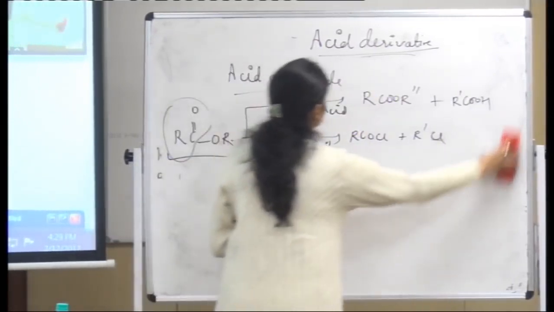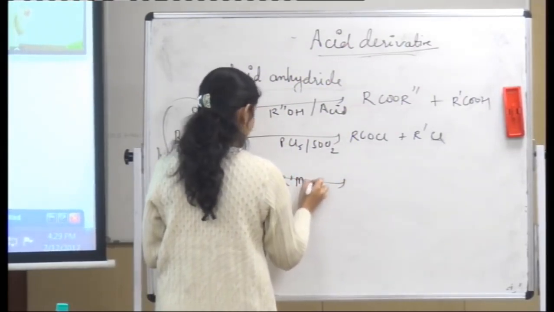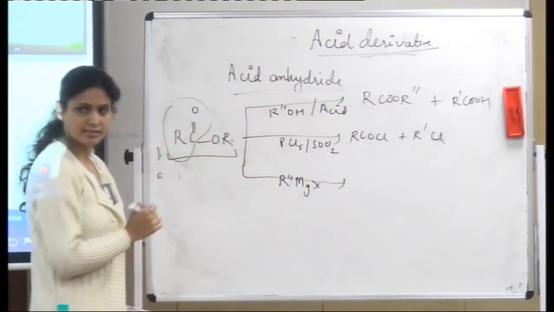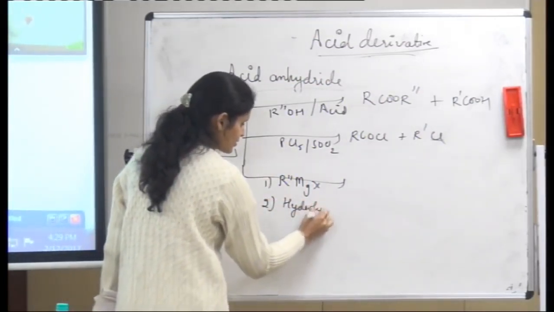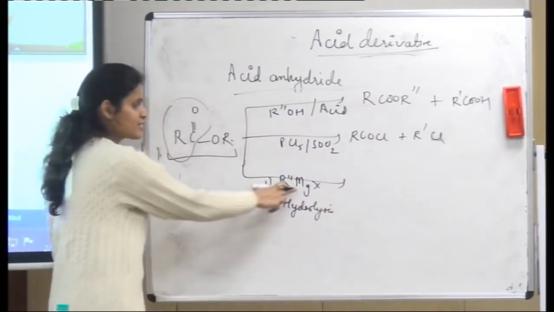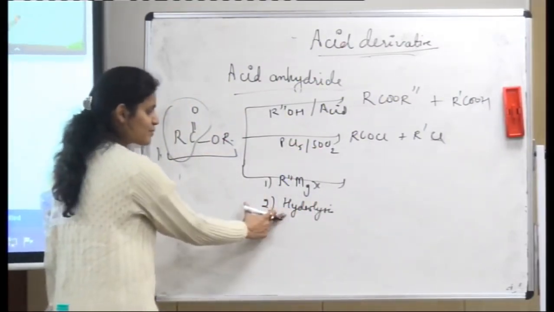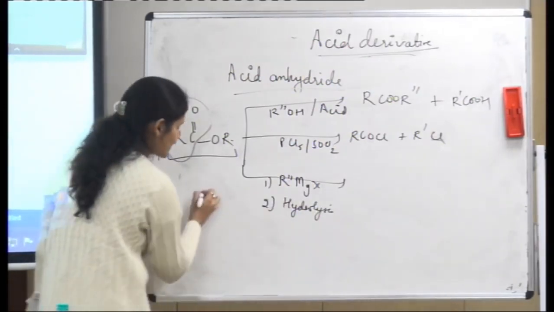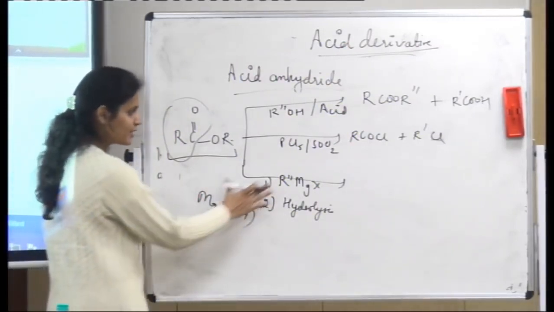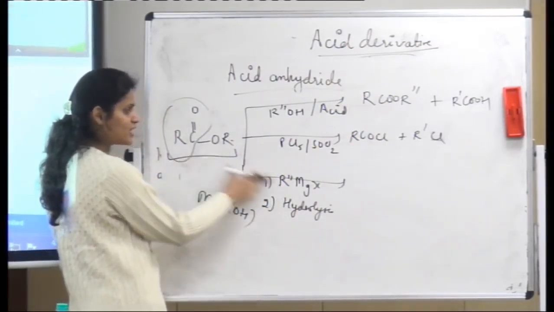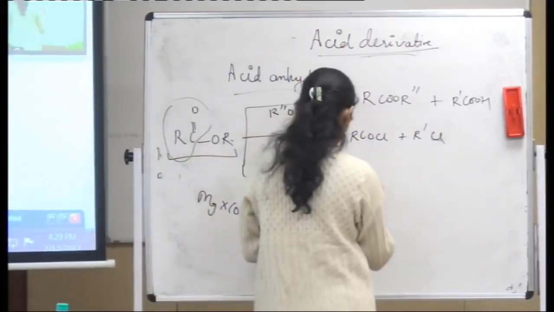Now the reaction with Grignard reagent, R double dash MgX, and then you have to hydrolyze it, because you cannot leave this magnesium halide as such on the carbon. You should remove it. So hence I am writing hydrolysis, because MgX will get removed as MgXOH, and it will leave this acid anhydride with addition of this R double dash alkyl group. So what should be the product?